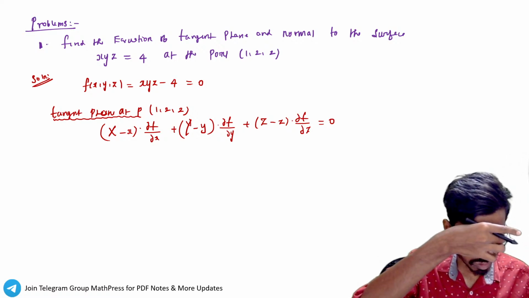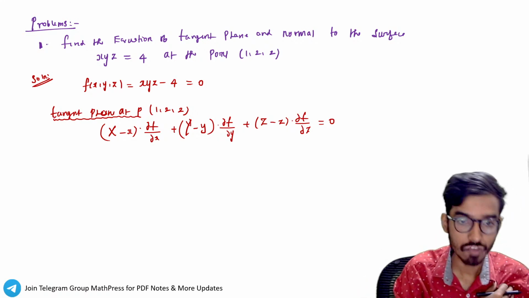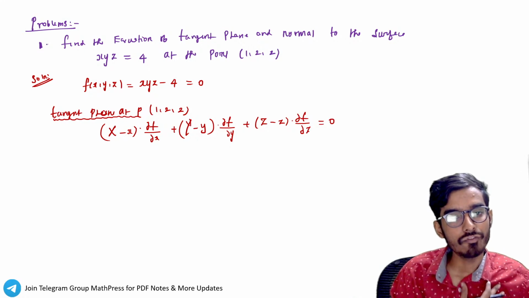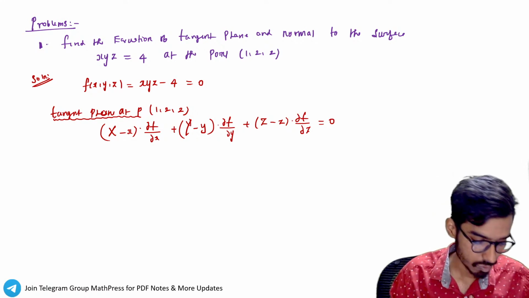Before that, we will find dou f by dou x, dou f by dou y, dou f by dou z, right?